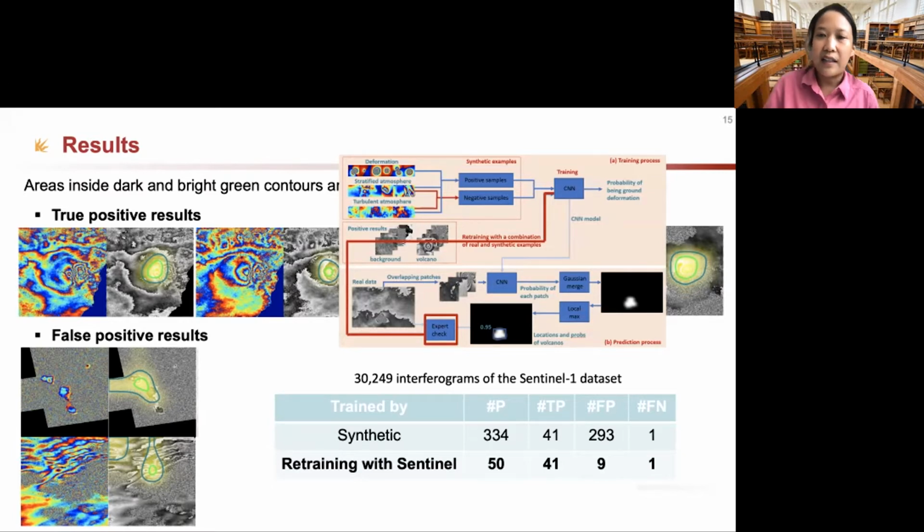And we found that it reduced the number of false positives significantly, because now the network already learned the characteristics of the satellite images, particularly Sentinel-1 interferograms. However, you can see here there's still one that is missed, which is this false negative here.